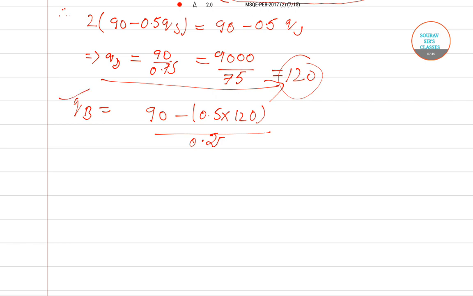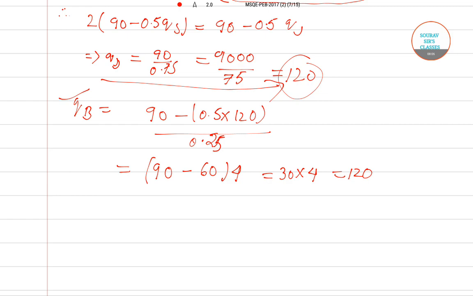We have found QB equals 90 minus 0.5 into 120, divided by 0.25. If you solve this, you will get 90 minus 60 into 4, which is 30 into 4, so 120.